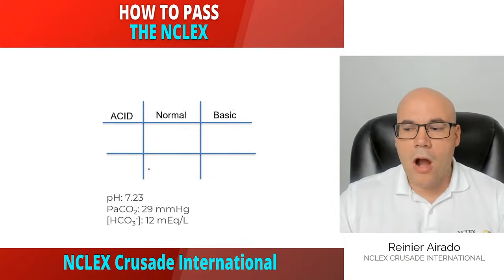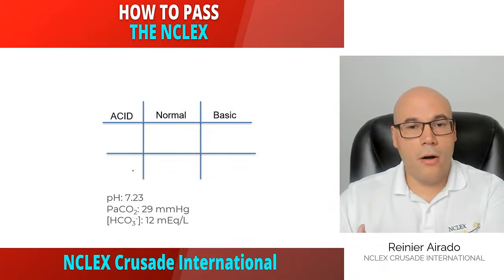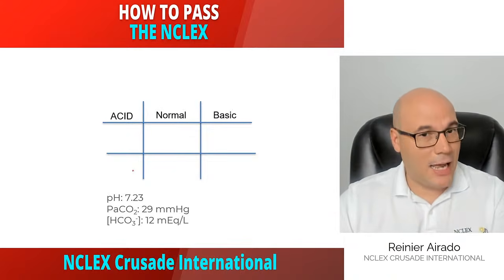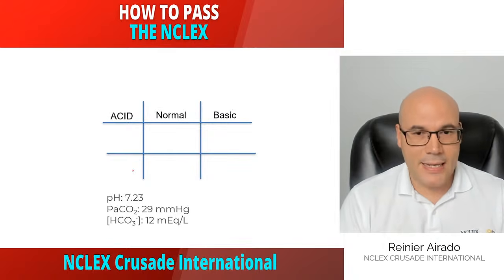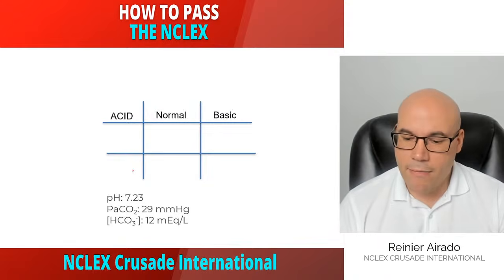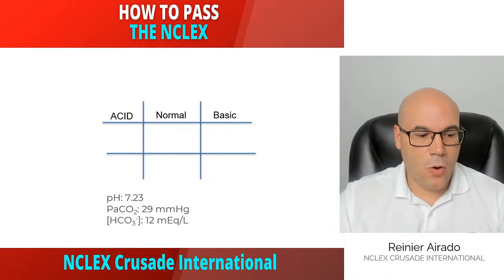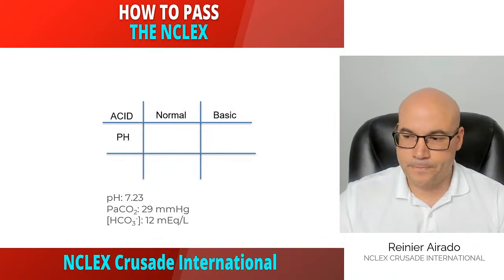So where are we going to put the pH? Acidic, normal, or basic, or alkalosis. Remember, basic and alkalosis are the same thing. So the pH of 7.23 is acidic, and we are going to put it here under acid.